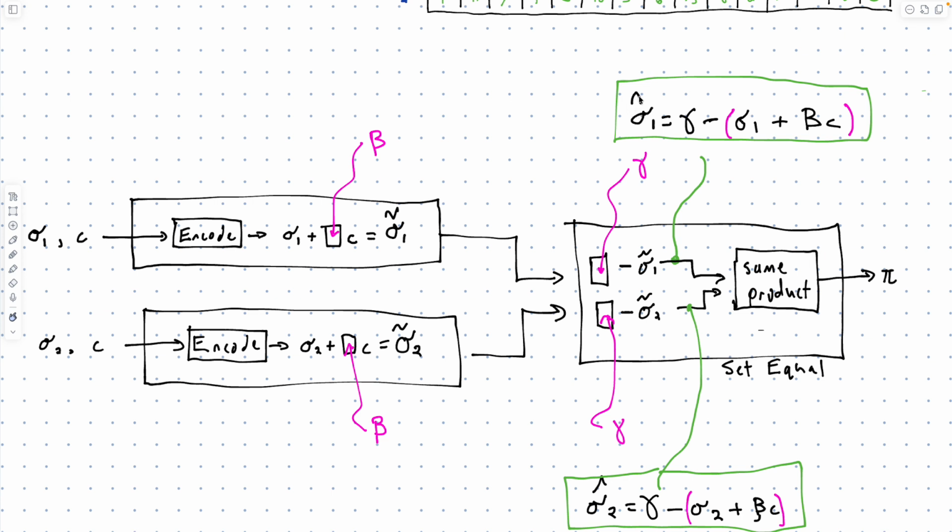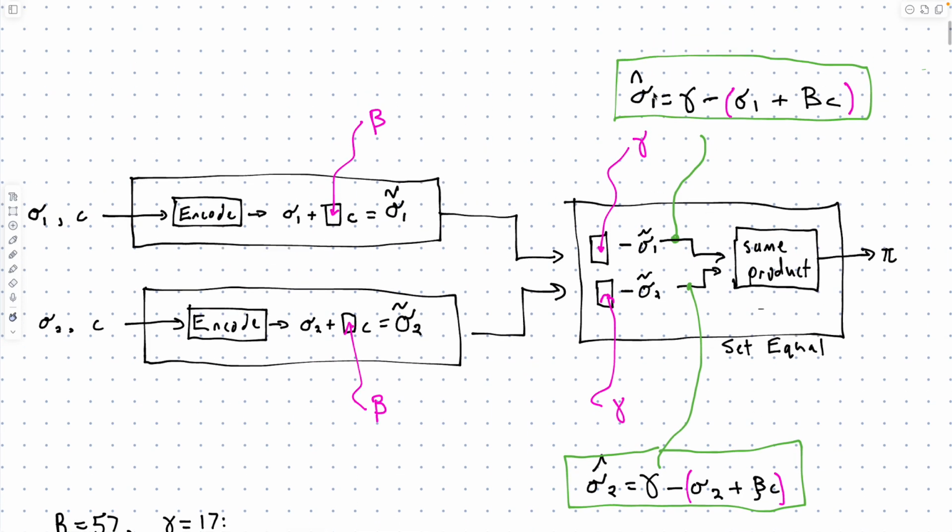But anyway, sigma hat is going to be gamma minus, and I forgot the brackets last class, so this is the correction. There should be brackets here, and it's going to be sigma 1 tilde. Sigma 1 tilde is equal to sigma 1 plus beta c, so that's why I have here sigma 1 plus beta c.